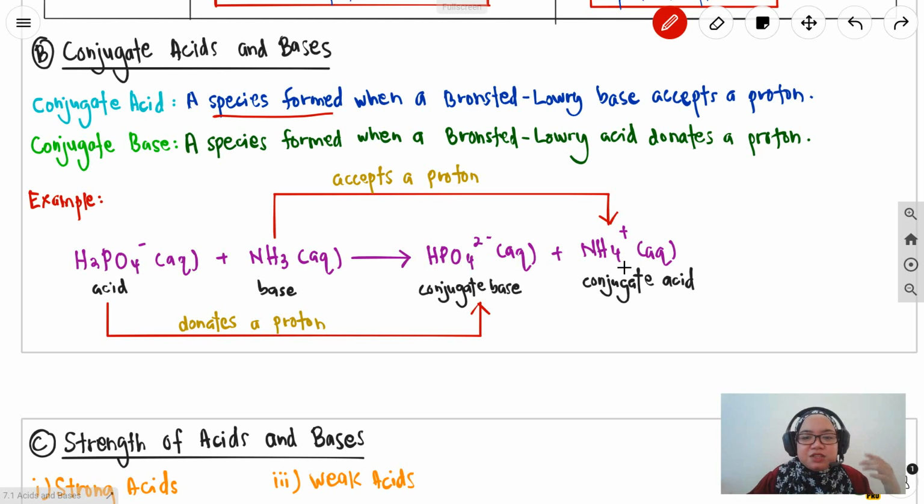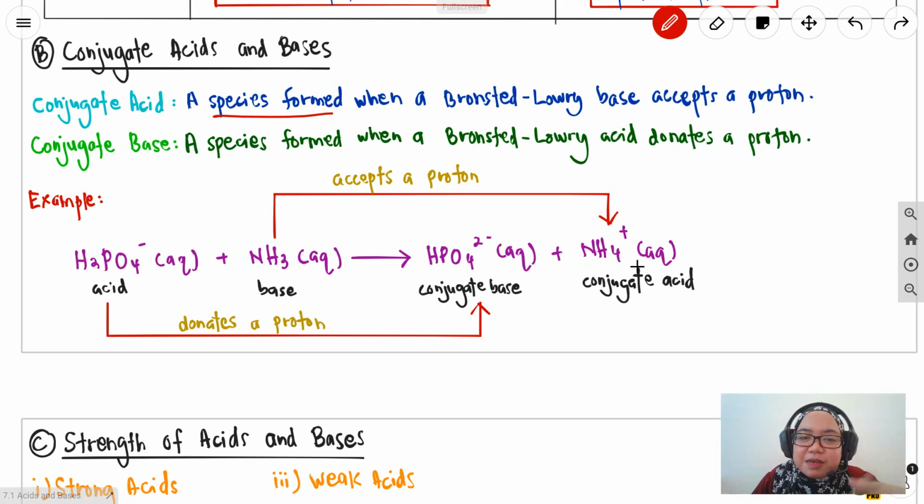I said just now, a conjugate acid is a species formed when a Bronsted-Lowry base accepts a proton. NH3 is a base according to Bronsted-Lowry, so it accepts a proton to form a conjugate acid. NH4 plus is a conjugate acid because it is a species formed when NH3 accepts a proton.